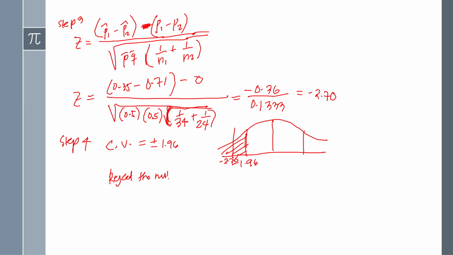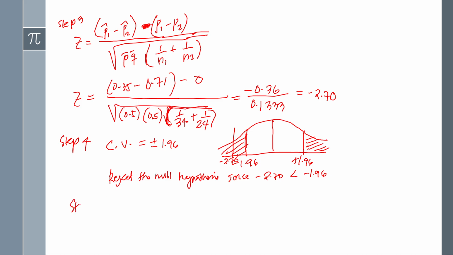Reject the null hypothesis since negative 2.70 is less than negative 1.96. So that is based on the illustration. So these are the critical regions here.